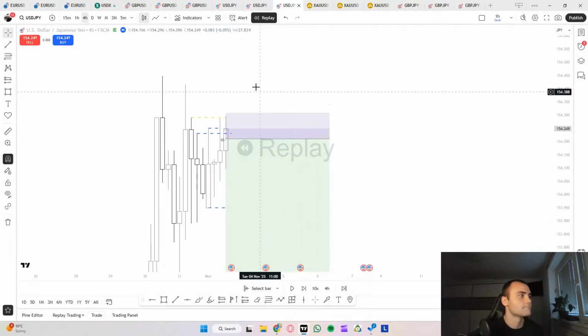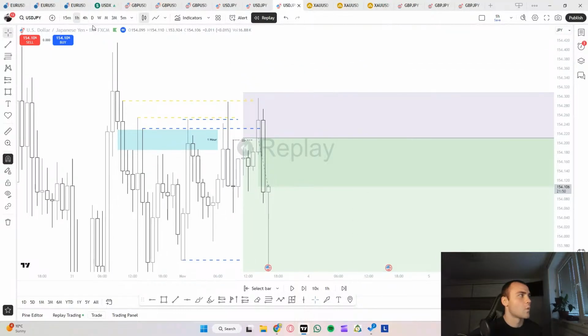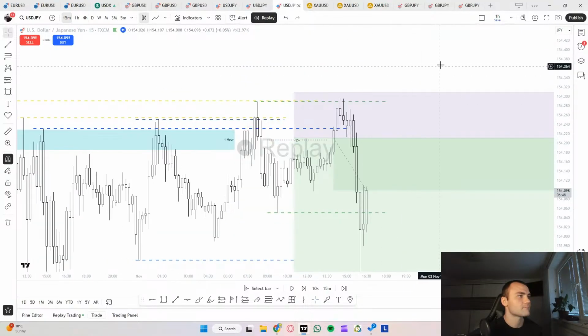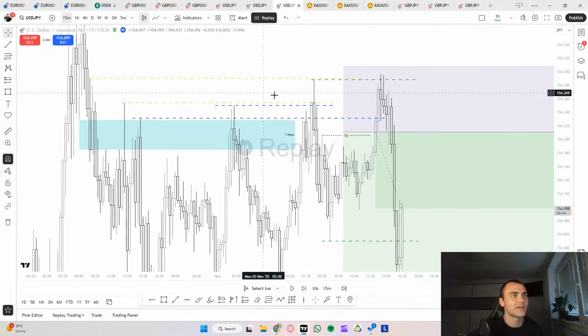Like a bigger one. Still bearish. So what happened was that price kept pushing, right? And eventually, in the end, I have seen this here, right?